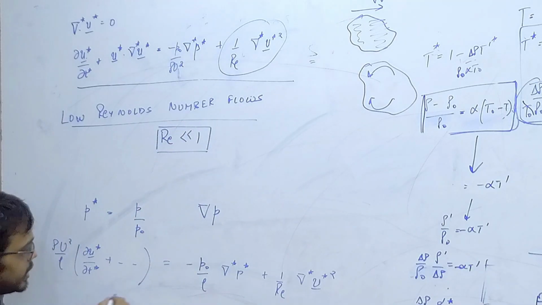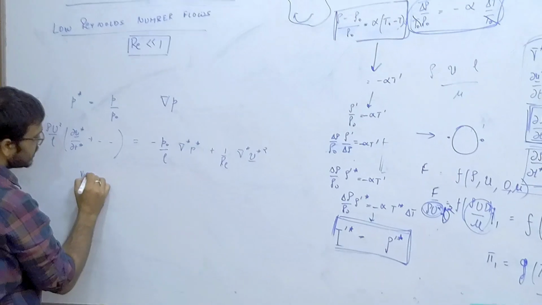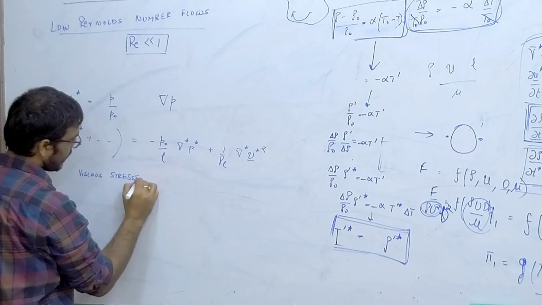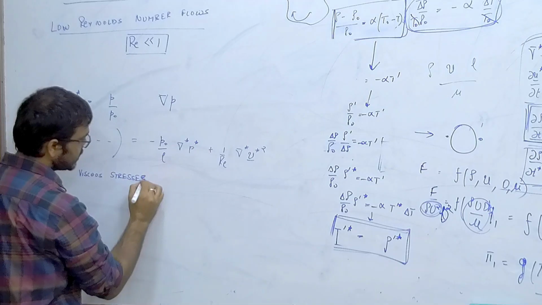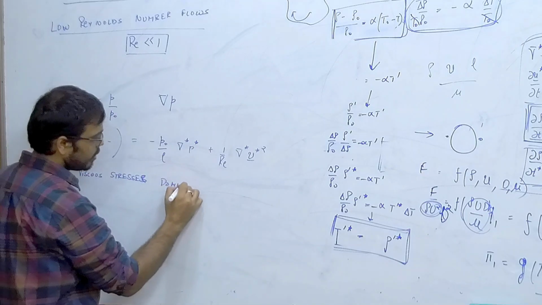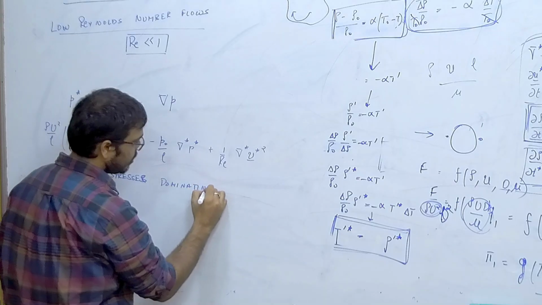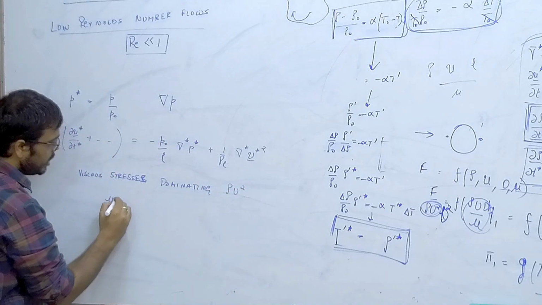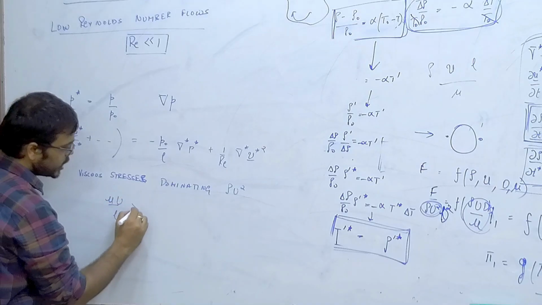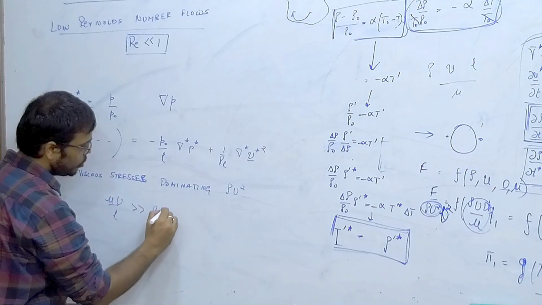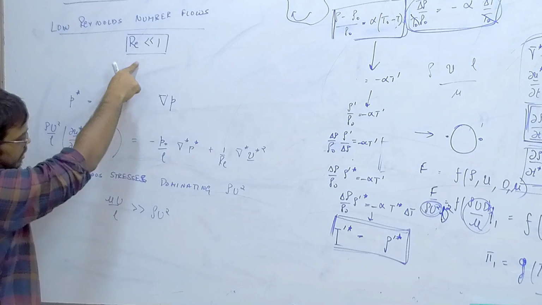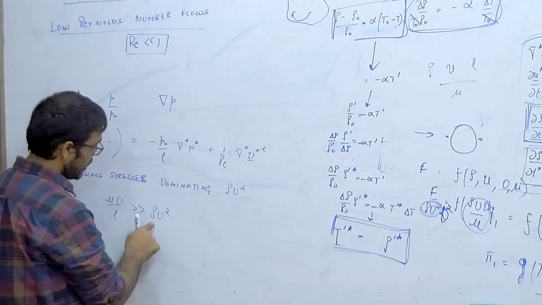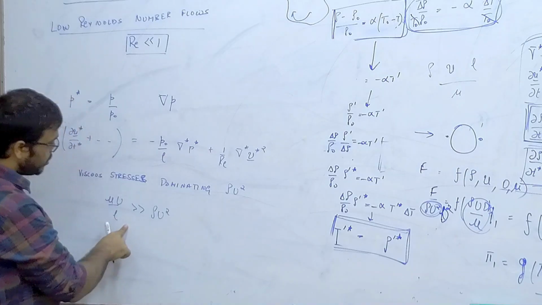Because in low Reynolds number flows, you have viscous stresses dominating rho u square. Basically what it means is that mu u by L is much larger than rho u square, which is another way of looking at Re much less than 1. Okay. What does this correspond to?